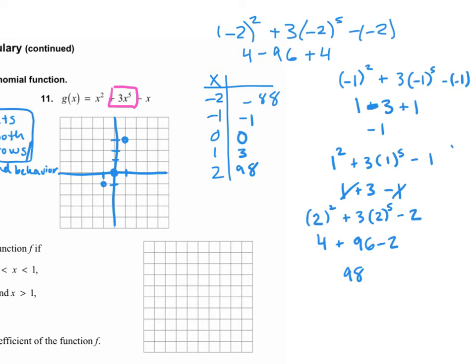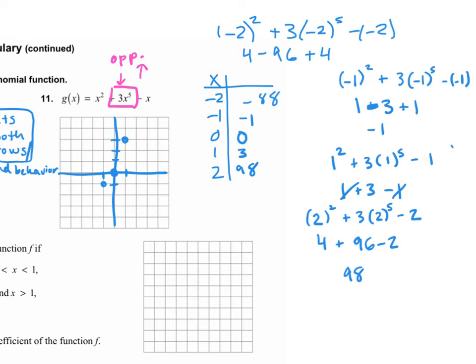So are they going to go in the same direction or opposite directions? Opposite. And then, is it positive or negative? It's positive, because that's a plus 3. So what's our right arrow going to do if it's positive? The right arrow goes up, so then what about the left one? The left one goes down.